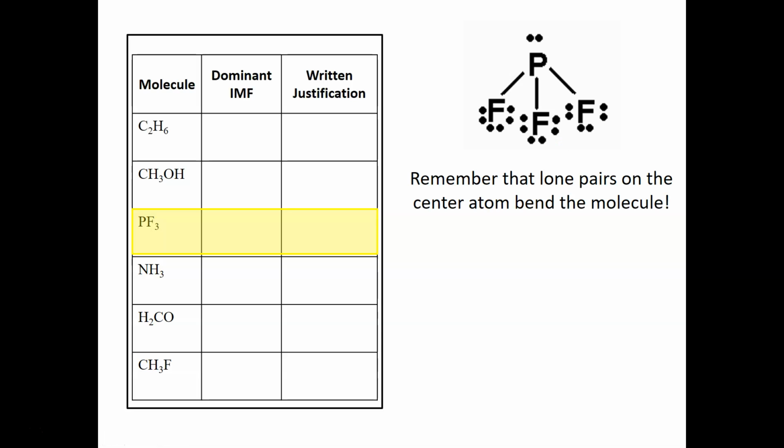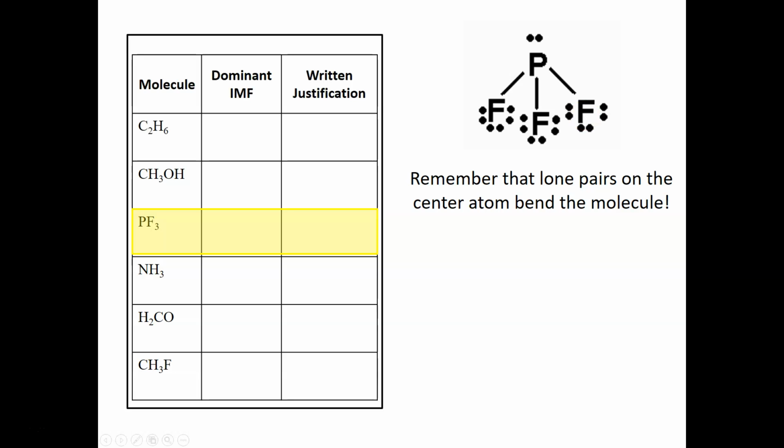Now, one of the things I want to show you on this one, we're just jumping straight towards my picture, is that you need to remember that the lone pair on a center atom bends the molecule down. Do you see how those fluorines are pushed down out of the way, kind of like on a water molecule, it ends up bent?